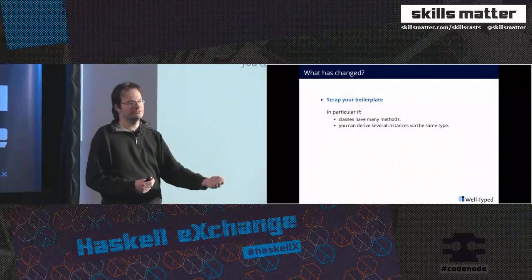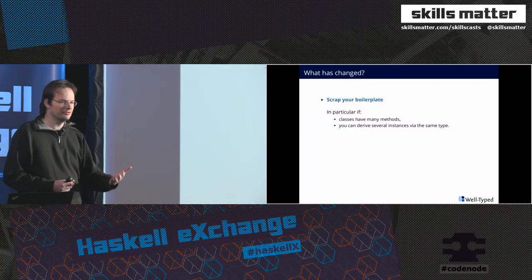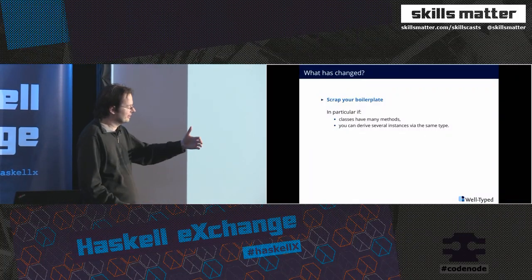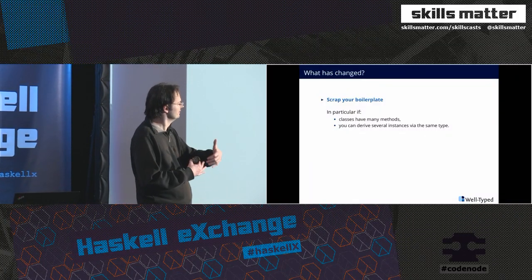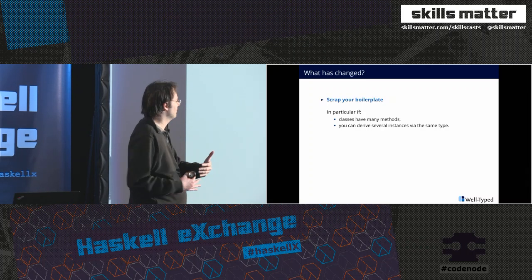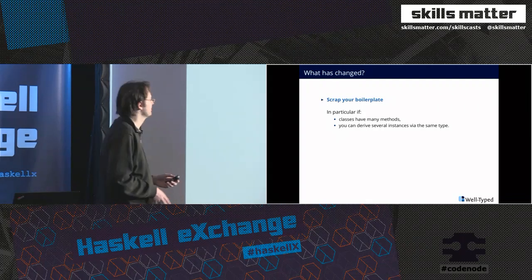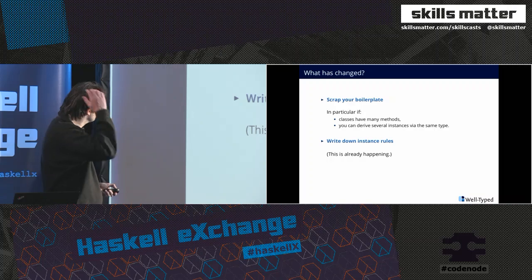And the other case is, as we've already seen partially, if you can derive several instances at once via the same newtype, that also saves you a whole lot, right? Because rather than having to write several instances which map their methods to something, you can simply derive them all at once. So that's good.